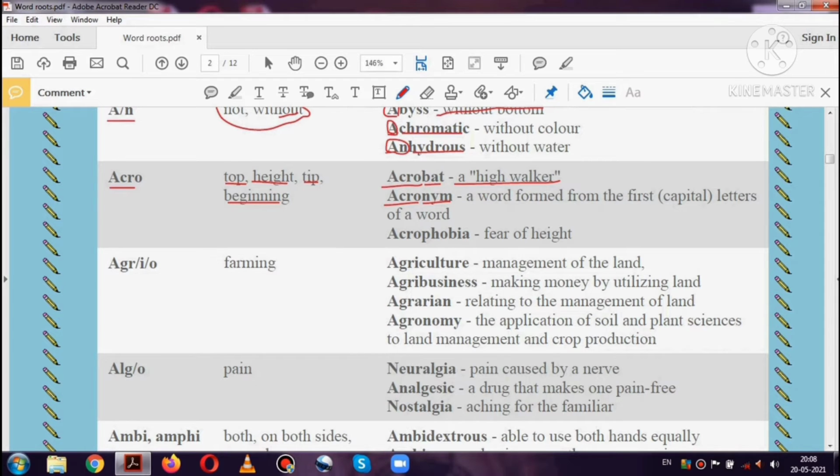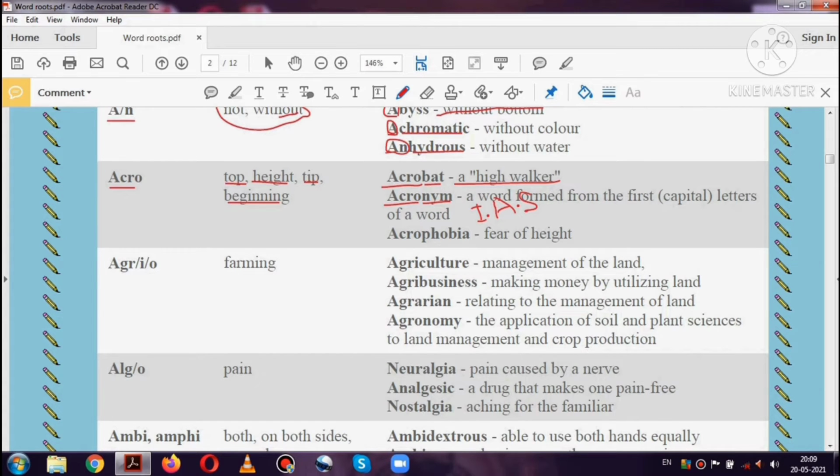For example, I, A, S. This word stands for Indian Administrative Services, IAS.